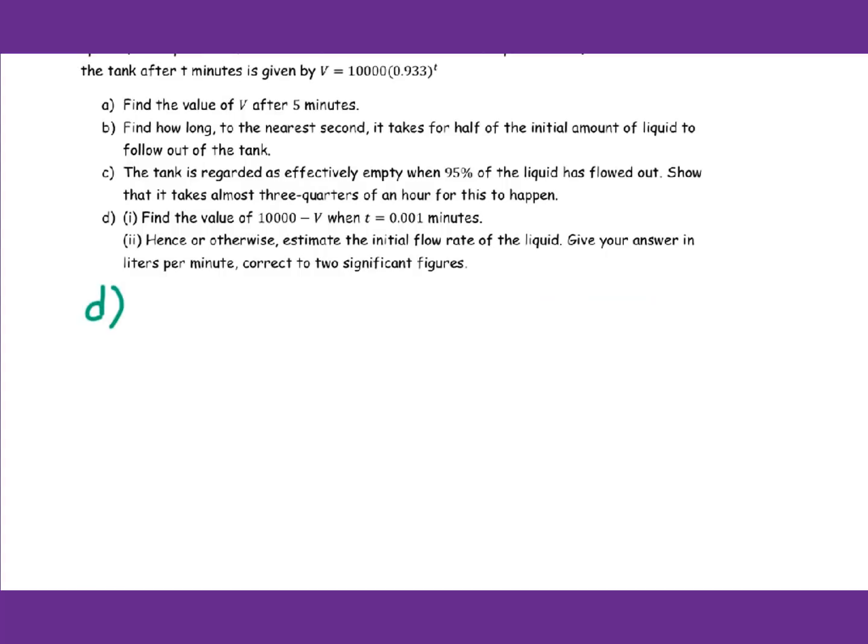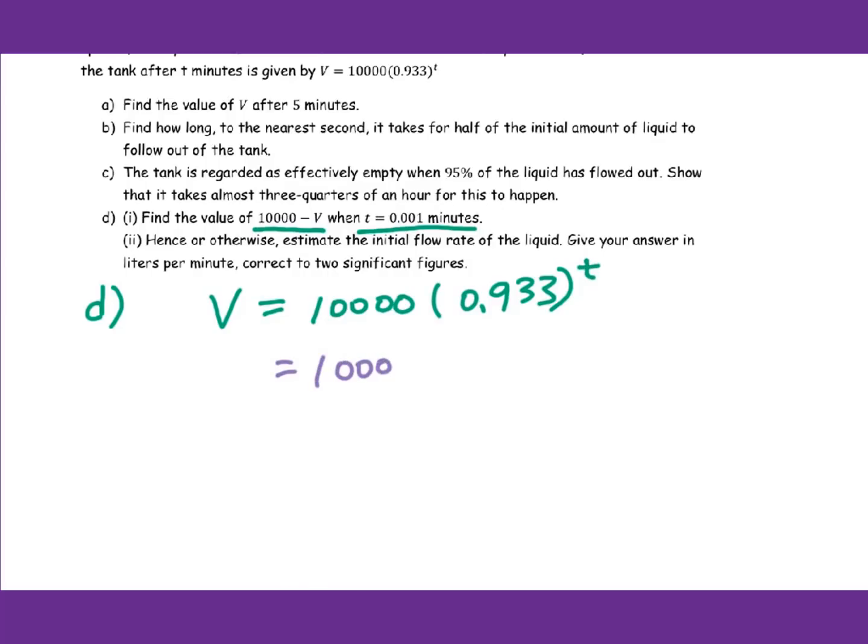Find the value of 10,000 minus V when t equals 0.001 minute. We know V equals 10,000 times 0.933 to the t-th power. We plug in 0.933 to the 0.001 power.